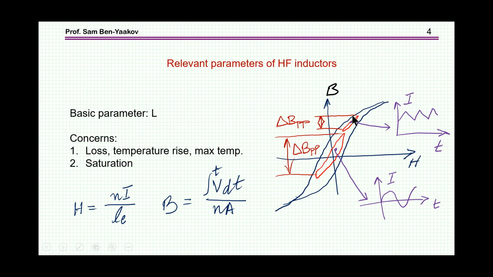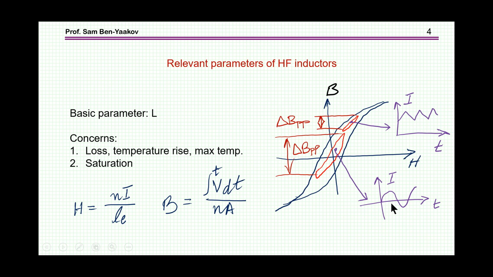Here I'm showing the minor loop. This will be the delta B, magnetic flux density deviation, and here we have the case of a PWM converter in which there's a DC component. We are here, and this will be the minor loop here.